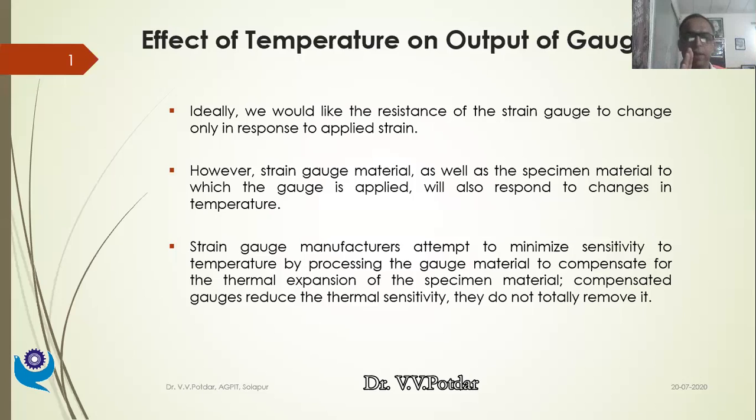Instead of R1, when the strain gauge is loaded, R1 will be replaced by R plus delta R, isn't it? And R2, even after loading, because it is subjected to temperature effect, will also have a delta R, but that delta R will be equal to delta R of T. So R2 has R plus delta RT.